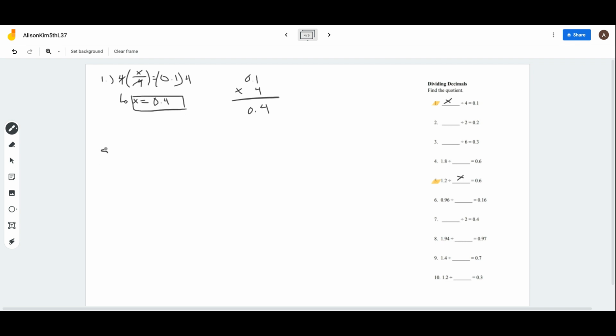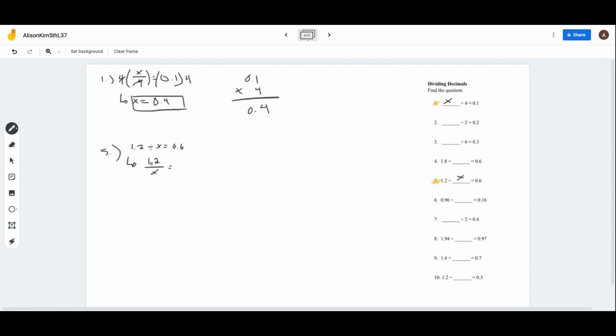As for number 5, I'll show you a different way that you can solve these types of questions on the worksheet. You get 1.2 divided by x. This could actually be considered the longer way because it kind of is. We see that 1.2 divided by x equals 0.6. We're going to change it into fraction form, so it'll be 1.2 divided by x equals 0.6.